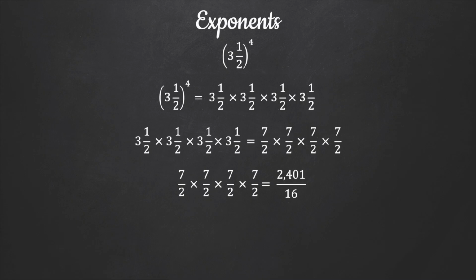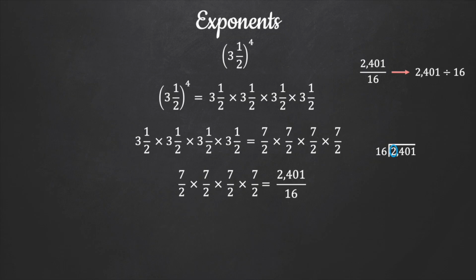But because that's an improper fraction, we're going to go ahead and write that as a mixed number. In order to do that, we have to divide our numerator by our denominator. So 2,401 divided by 16. We're going to divide that using long division. So we ask ourselves, how many times does 16 go into 2?